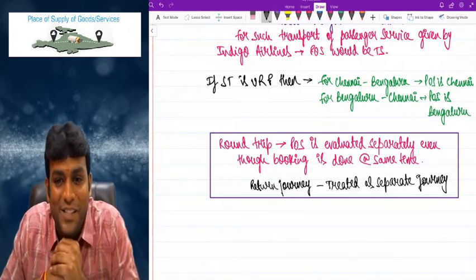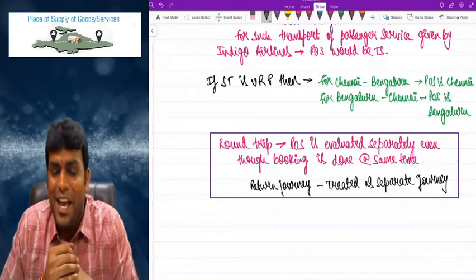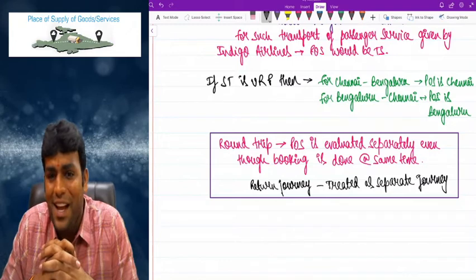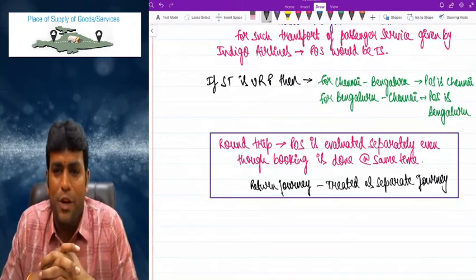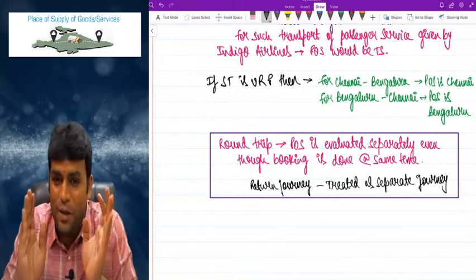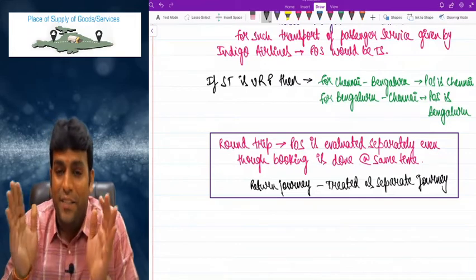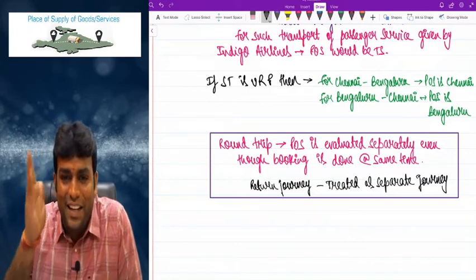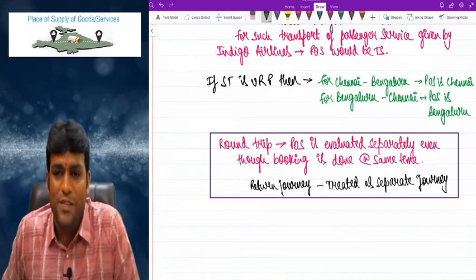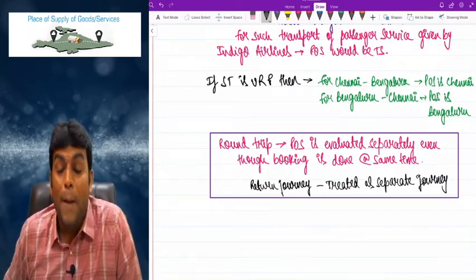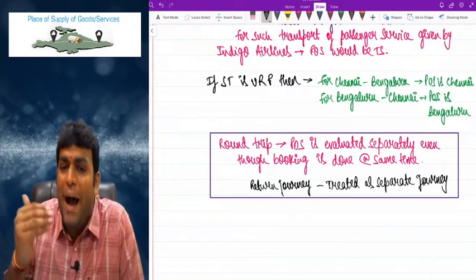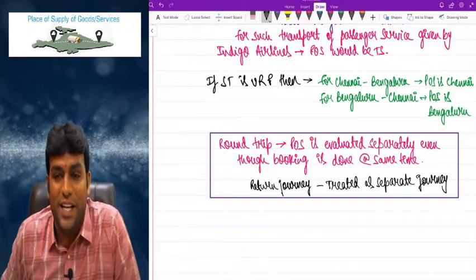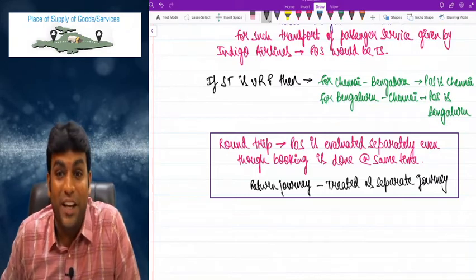In case of service of transportation of passengers, if the receiver is a registered person, then place of supply will be the location of such person. But if the receiver is an unregistered person, then place of supply will be the place where the passenger embarks on the conveyance for continuous journey.